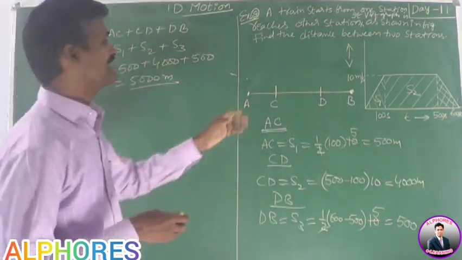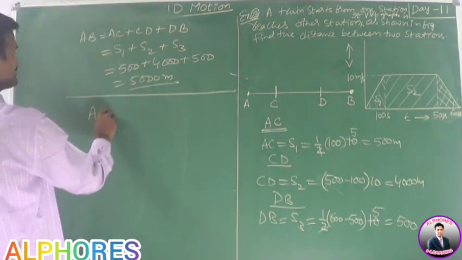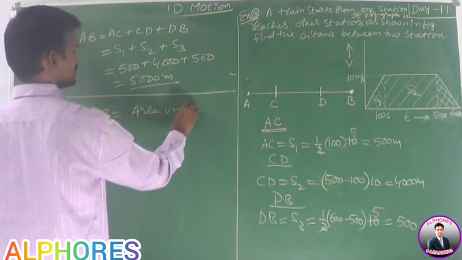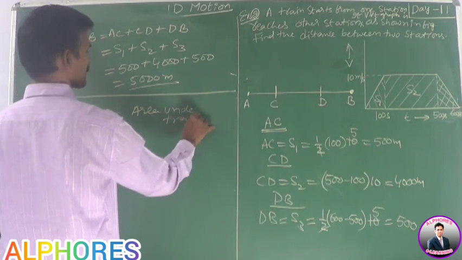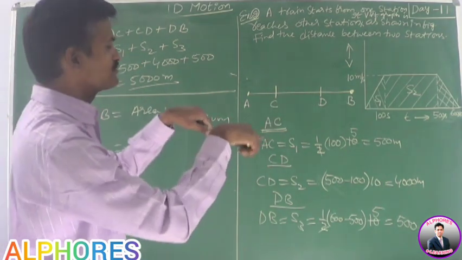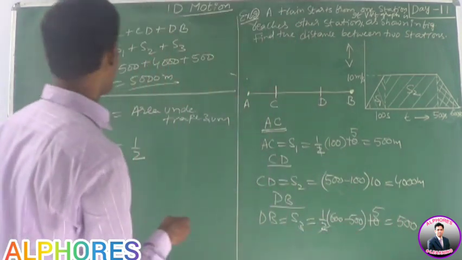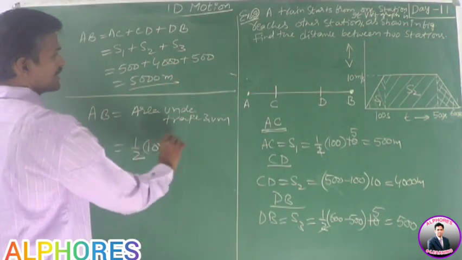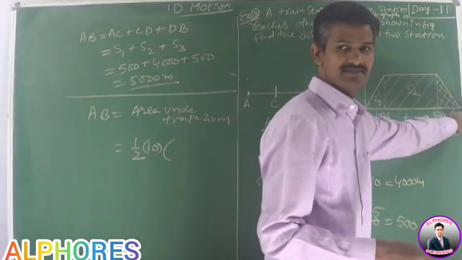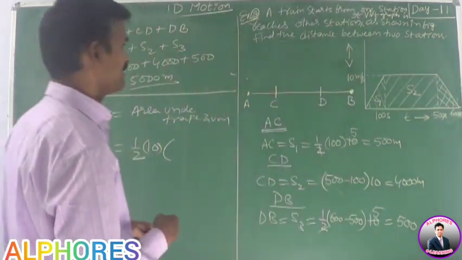You can also calculate the area at a time. So I am calculating the area. This distance AB is given by the area under the trapezium. That is half into height into the sum of two sides. The height is 10, into the sum of two sides. One side is 0 to 600 seconds, another side is 100 to 500 seconds.